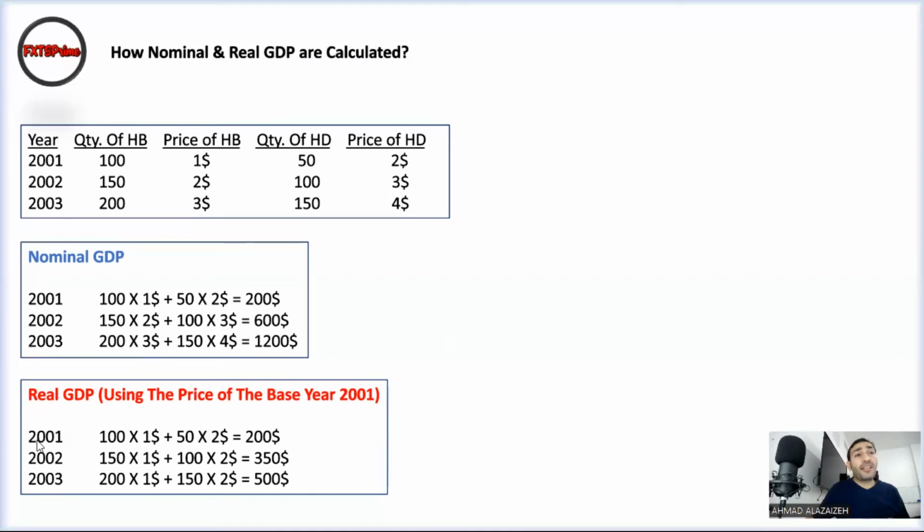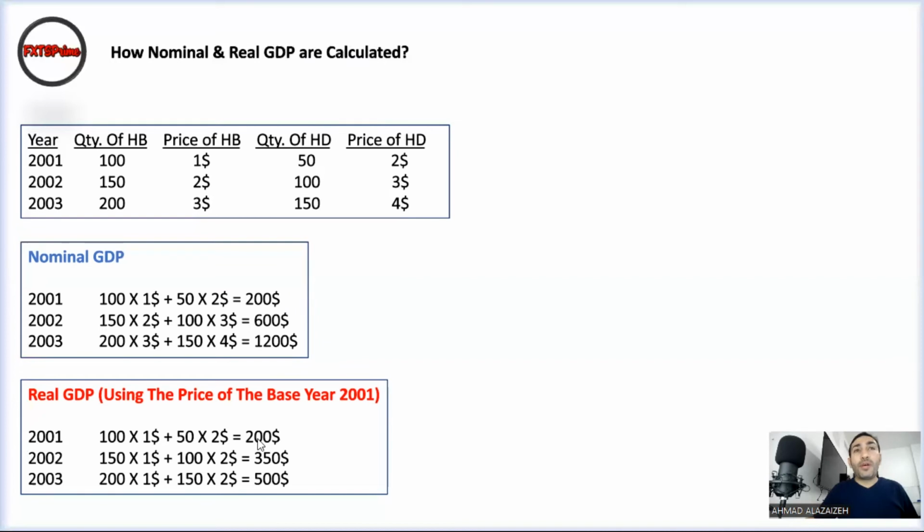So let's here take 2001 as a base year and take the prices in 2001 and calculate the quantities produced by the market to understand the productivity growth. If I take 2001, I will find that the market has produced 100 hamburgers and the price was $1 for each hamburger, plus 50 hot dogs and the price was $2 for each hot dog.